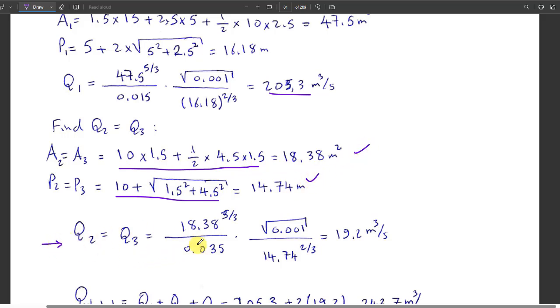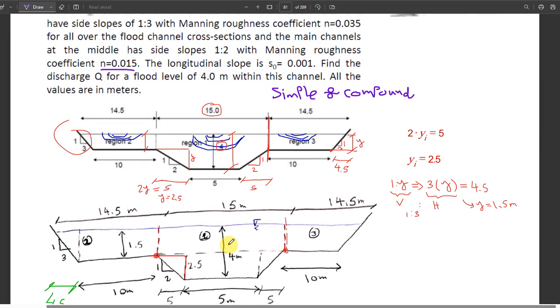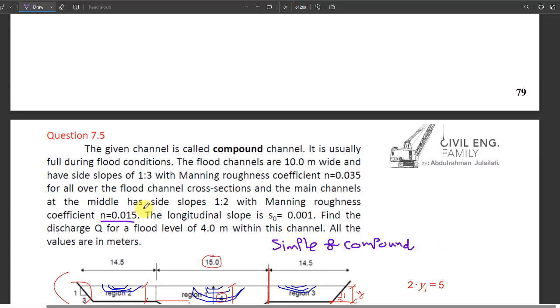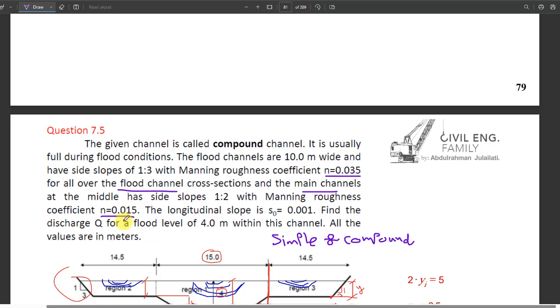Substitute it into the Manning equation. Area power 5 over 3, this is n. N is 0.035. Here it says we have, it seems, yes, the other one 0.035 for the flood channel, while the main channel has 0.015.